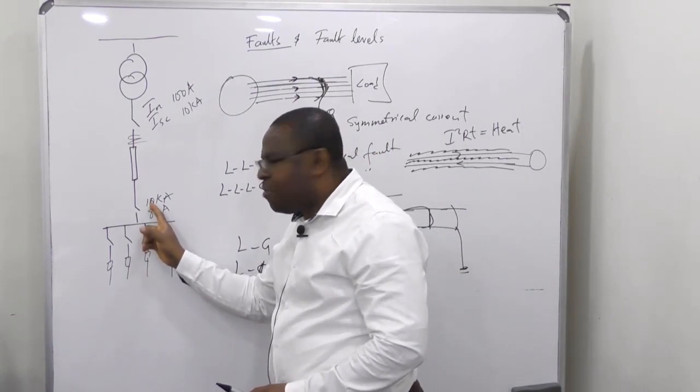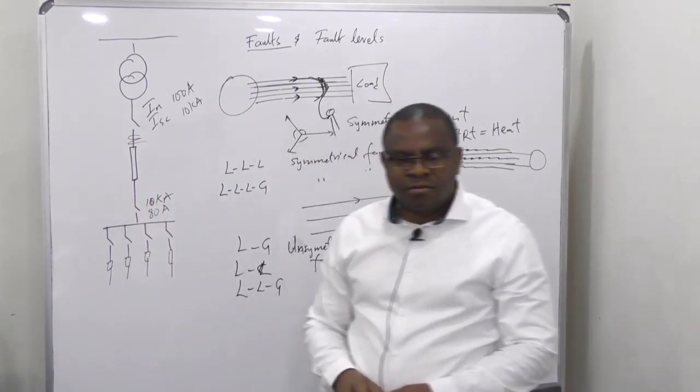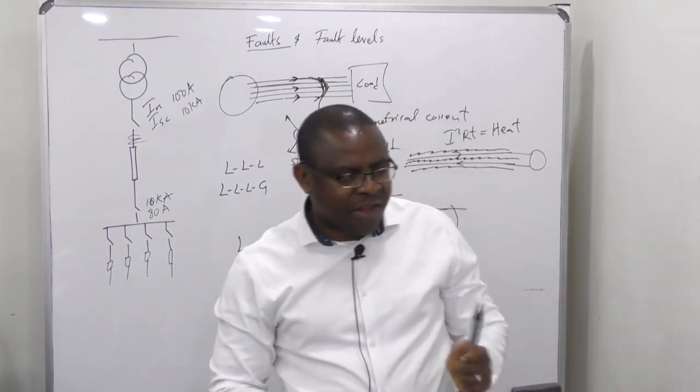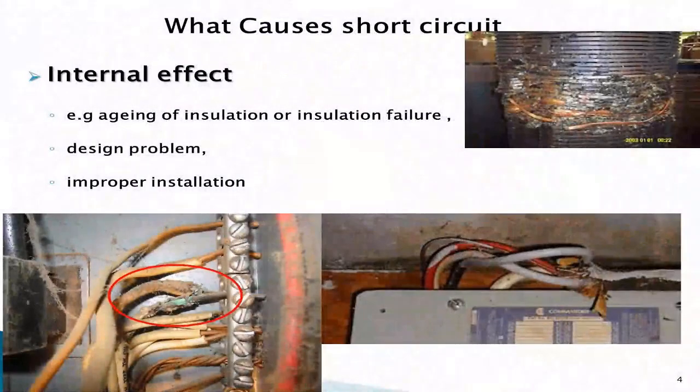Because this is improperly sized, if there's a fault here, this is going to explode. So a design problem is also one of the things that can cause short circuits or faults.